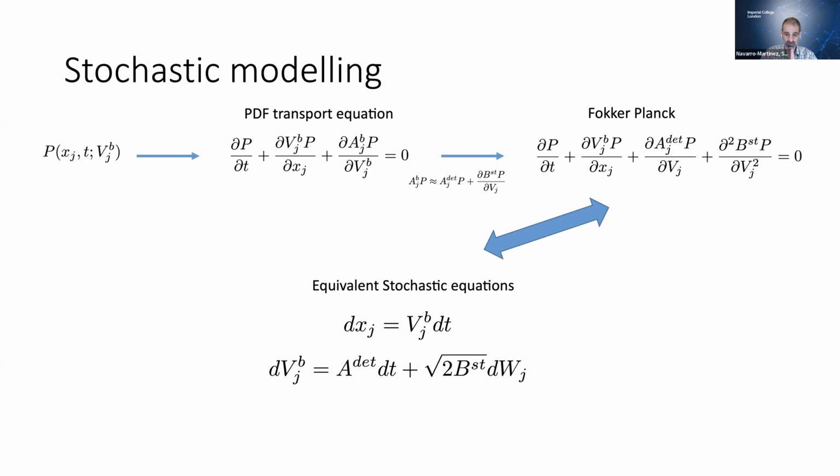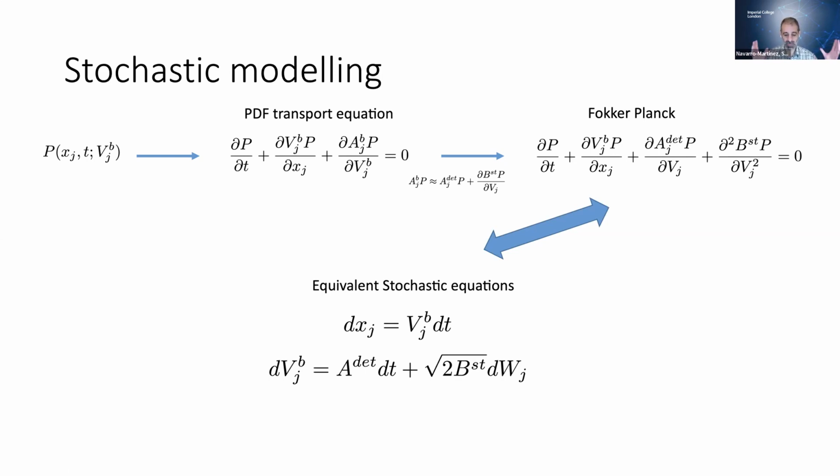It will deviate due to this stochastic component. Once you have a Fokker-Planck equation, then there is a state equivalent. We have 2 sets of SDEs, dx and dv, which look like a particle. Those of you who have done particle simulations, they look very similar. The only thing is we have here a stochastic diffusion term. This term correlates with the turbulence of the fluid. So basically, this is the turbulence, if you want.